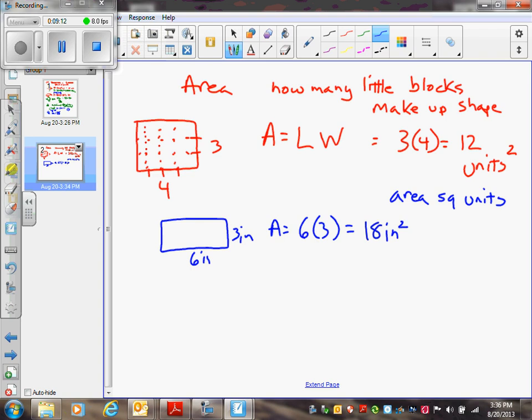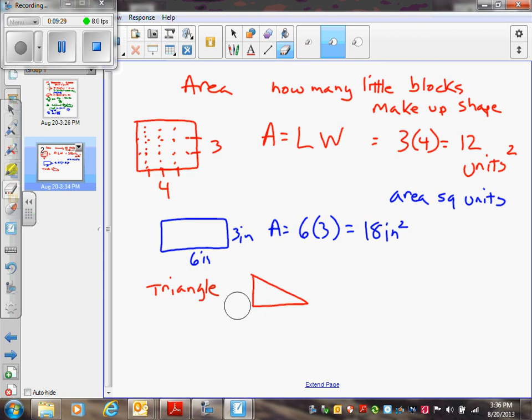Now, if we have a triangle, it's a little bit trickier. Say I have a triangle like this. It's 3 inches. That looks terrible. Let me write it again. 3 inches by 5 inches.